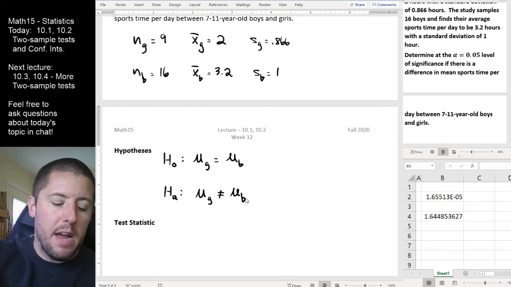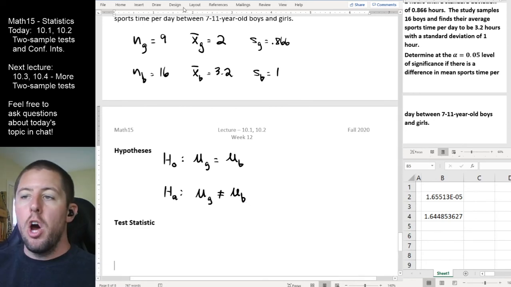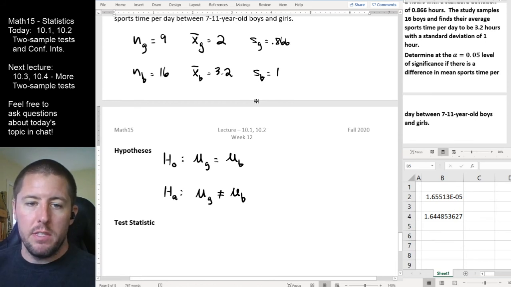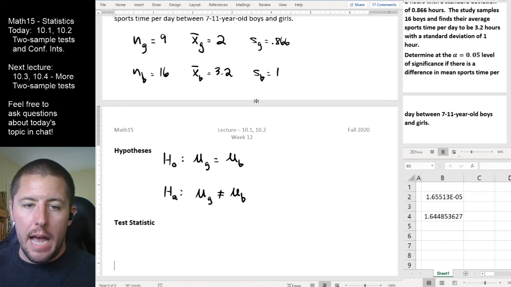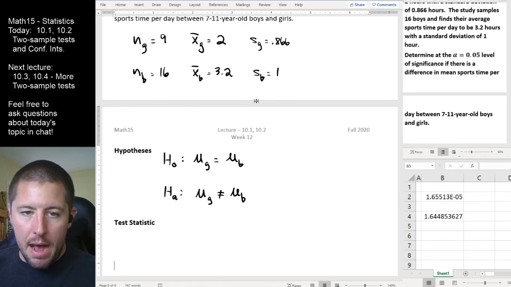I want to remind you of one more thing. I know that some of you are thinking that in our sample, the boys' average seems to be quite a bit larger than the girls' average. But what you need to remember is the chronology of this. What timing ordering happens here? In all good science, the hypotheses come first. The sample is collected after the hypothesis.